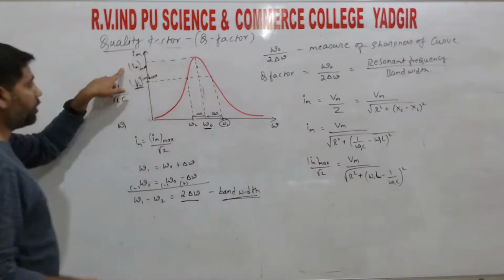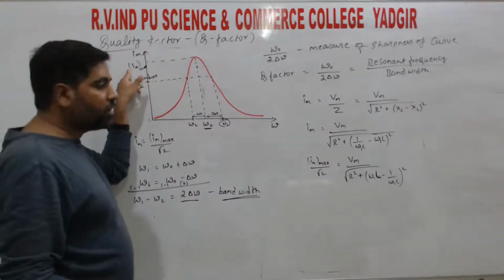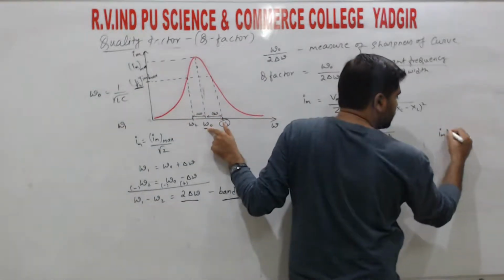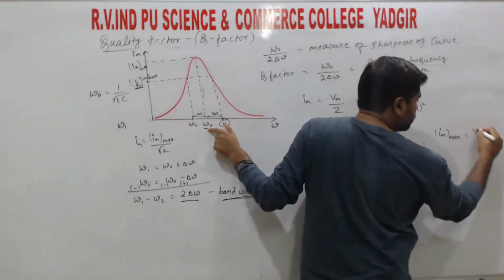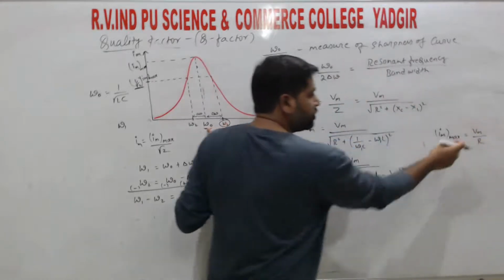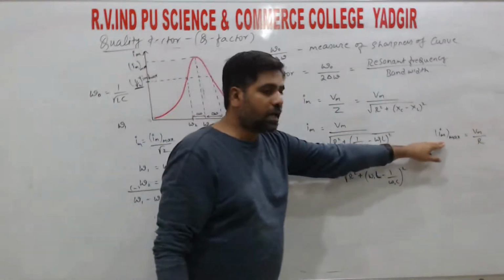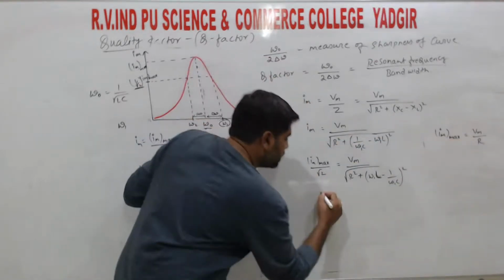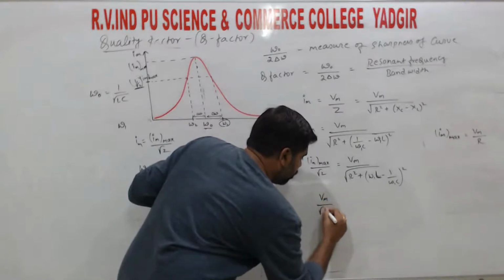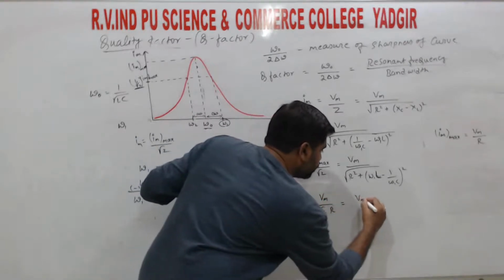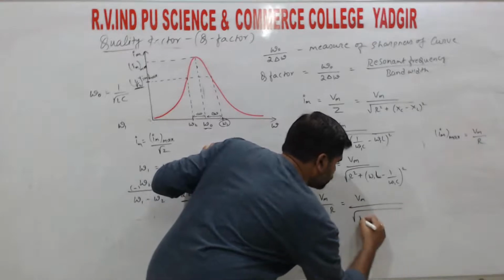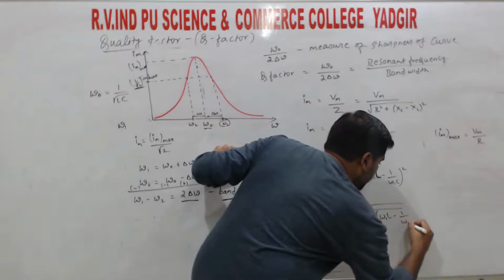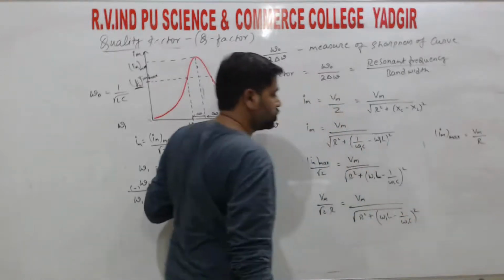Im maximum is obtained at the resonant frequency omega naught, where Im maximum equals Vm divided by R. We stated this in the last one, right? So we can replace this with Vm divided by root 2 into R, equals Vm divided by the square root of R square plus (omega 1 L minus 1 by omega 1 C) whole square.